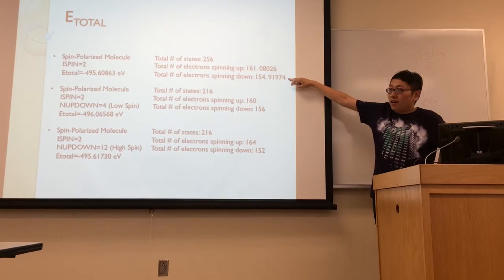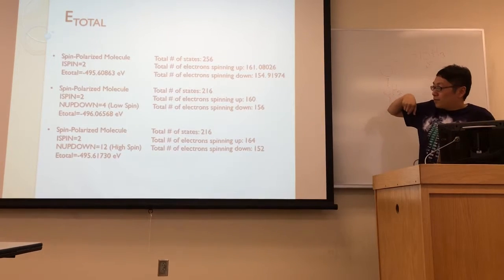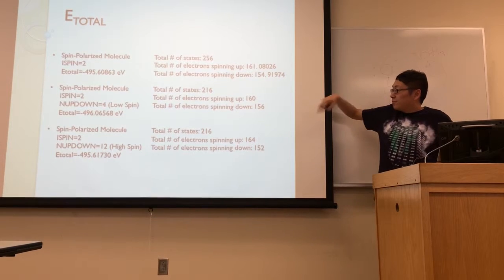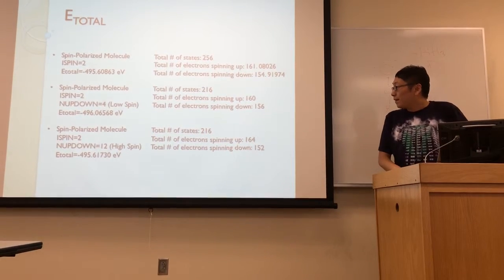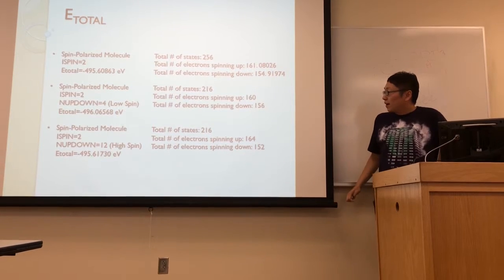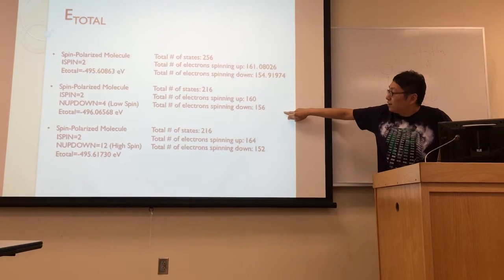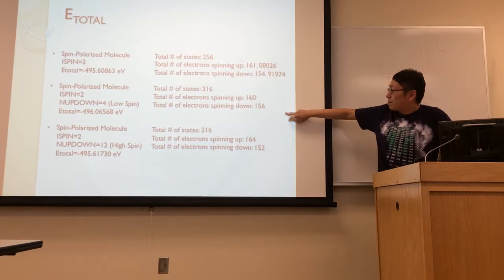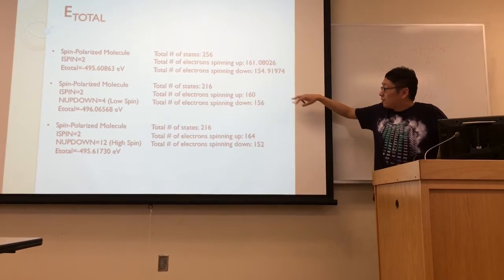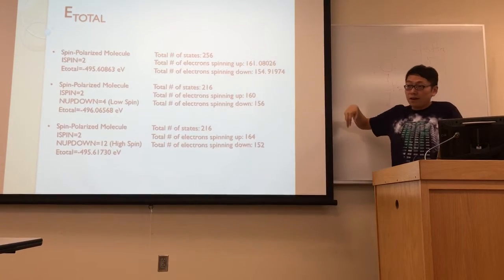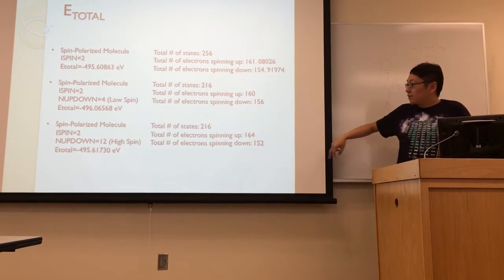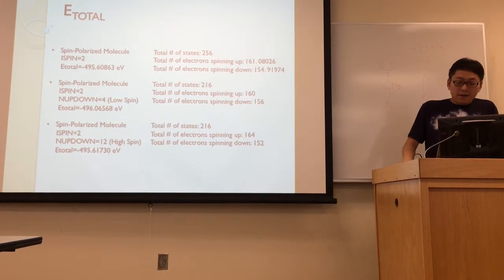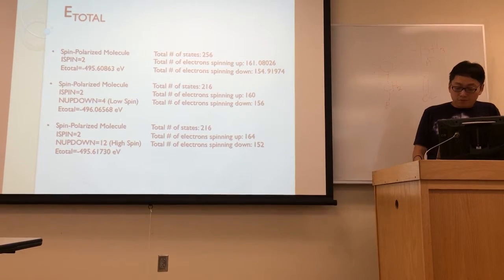But if you add this up, the total number of electrons is the same, 314. And more interestingly, I found out that the low spin case has fewer electrons spinning up than the high spin case. So that might help explain the following graphs.